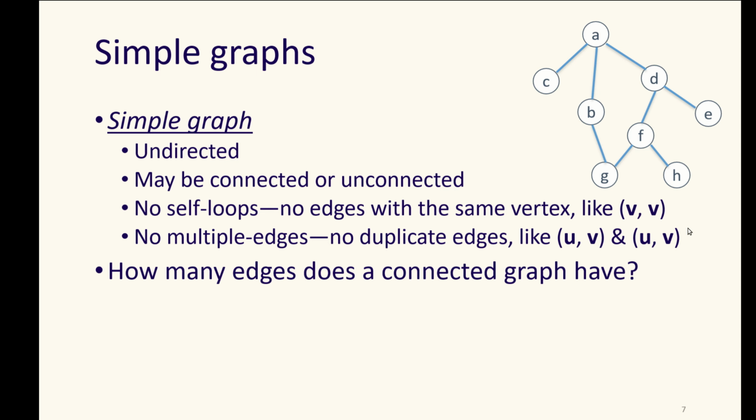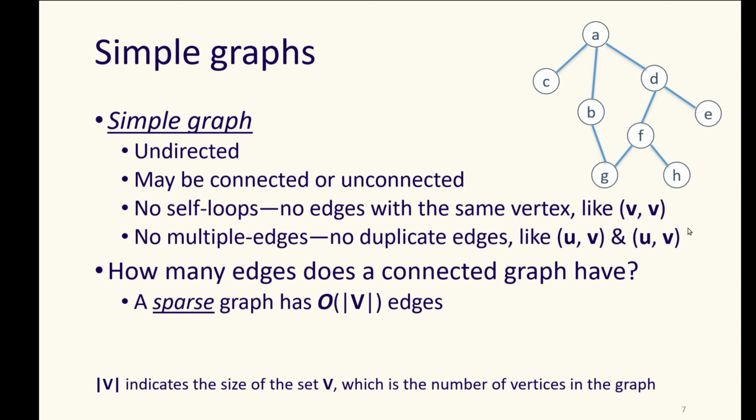So one good question is how many edges a connected graph has. A sparse graph has O of the cardinality of V. That's what these bars here mean. They don't mean absolute value when you're talking about a set. They mean the size of the set, the cardinality.